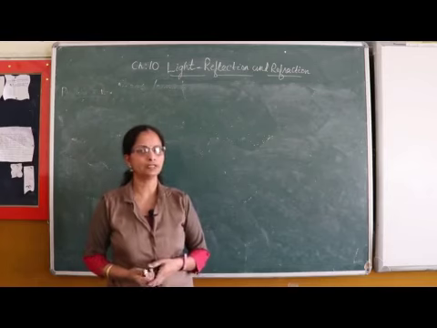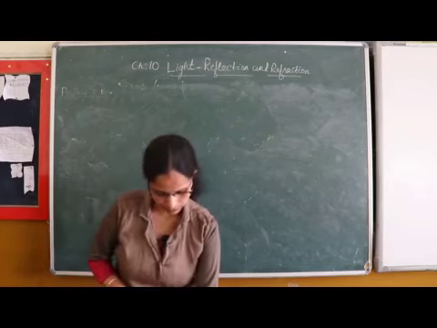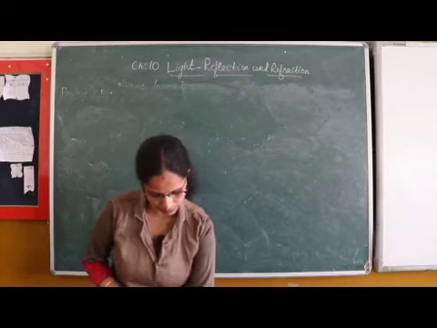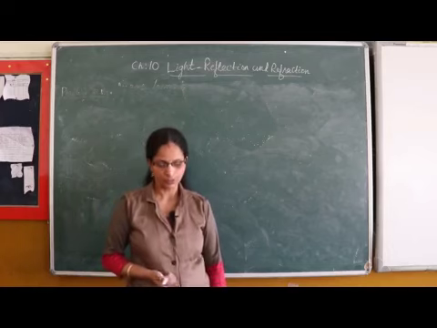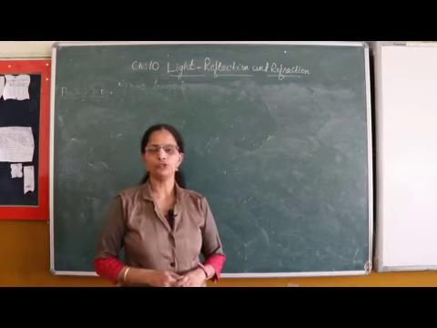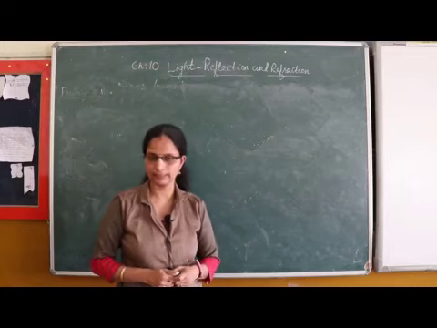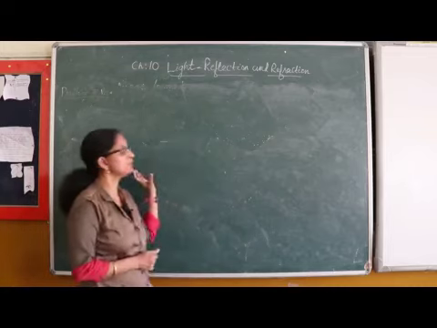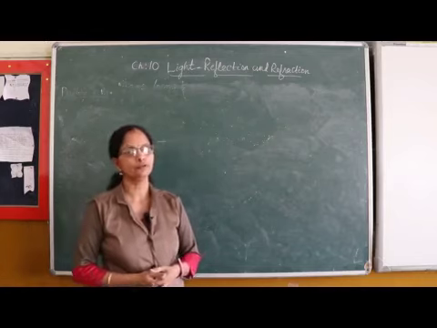So it is used as a dentist mirror, a barber's mirror, and shaving mirrors, etc. And at the same time it is used as a headlight in torches, searchlights, vehicle headlights, etc. to produce a powerful beam of light. So these are the various uses of concave mirror.